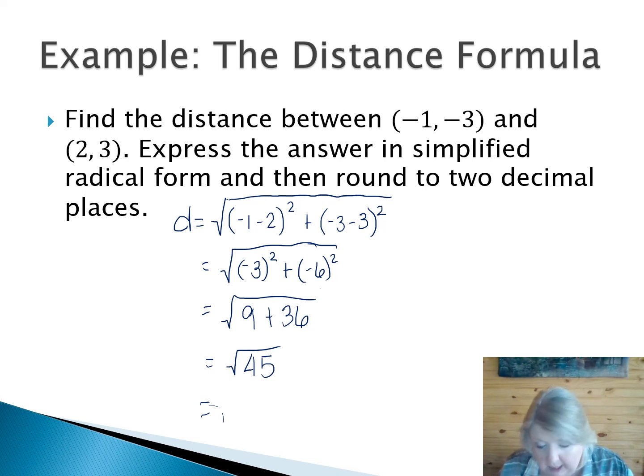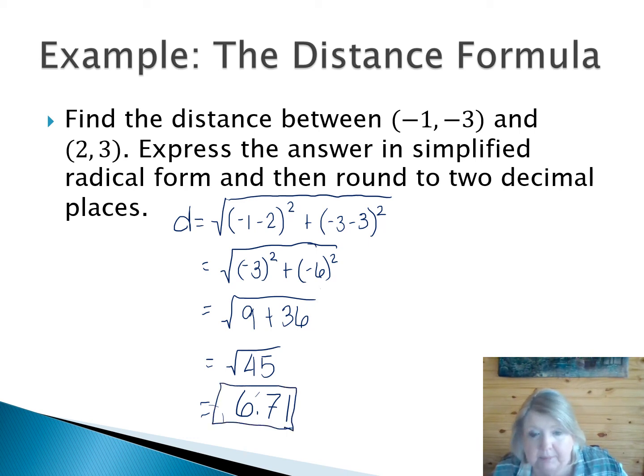So let me get a calculator here and type it in. The square root of 45 is 6.71 to 2 decimal places. It's actually 6.708, so 6.71. This would be what I would try to measure out.